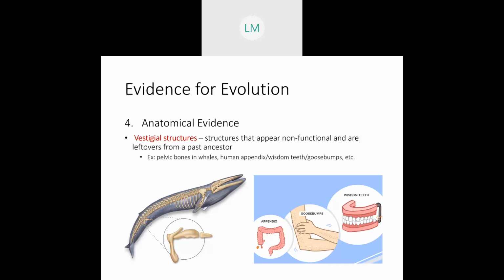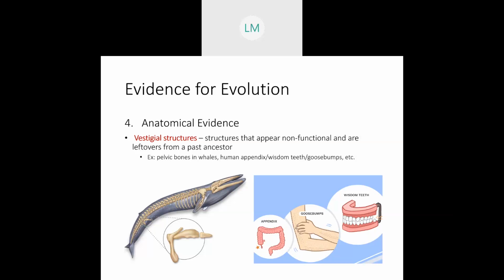So goosebumps are a vestigial structure of that, right? It's these little muscles right around the hair follicle. When it's cold, it causes the hair to stand up. Okay, so goosebumps are a vestigial structure in humans, and wisdom teeth are also a vestigial structure.